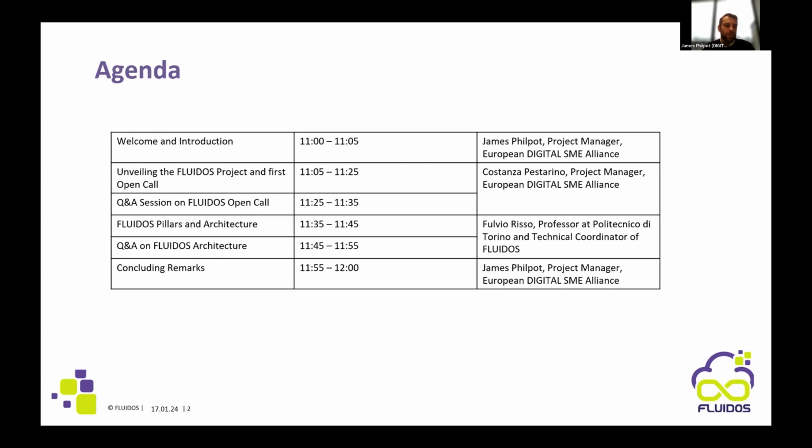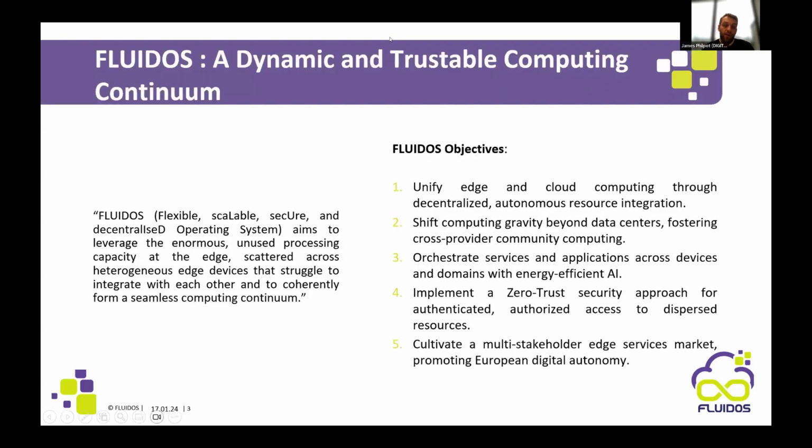So before we get started with this, I'd just like to introduce the project itself. So I think on the next slide, we have the project objectives and also the mission statement of the project. But coming from a non-technical background, I will explain this in more layman's terms. So the goal of FLUIDOS is to leverage underutilized processing power in an IoT ecosystem.